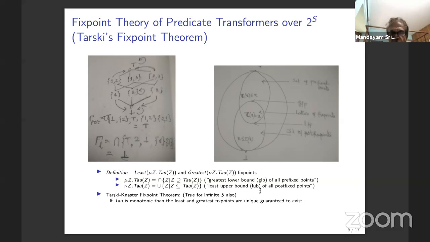It's the greatest lower bound, and this should be the least upper bound. I'm sorry, I have it reversed.